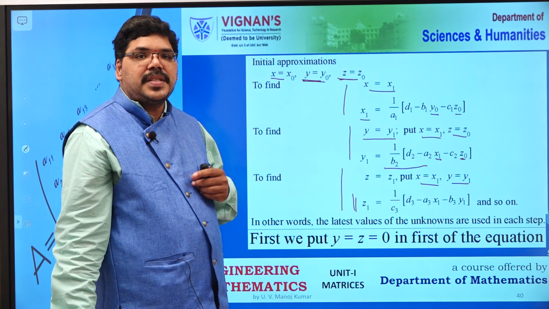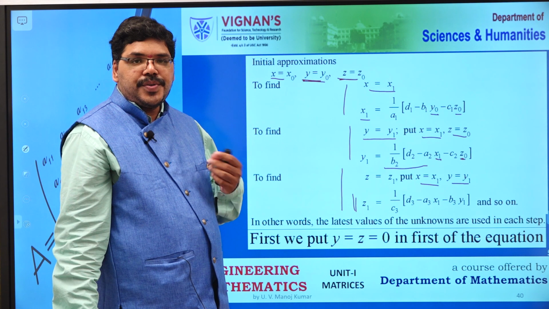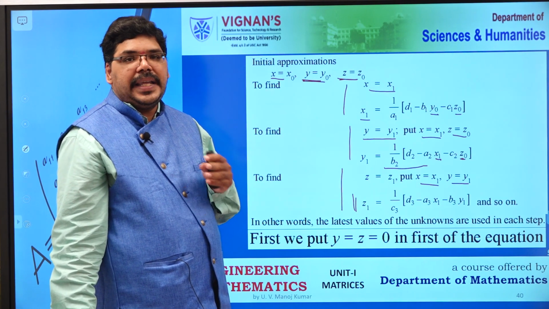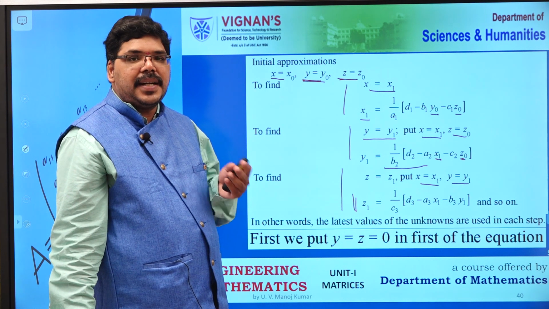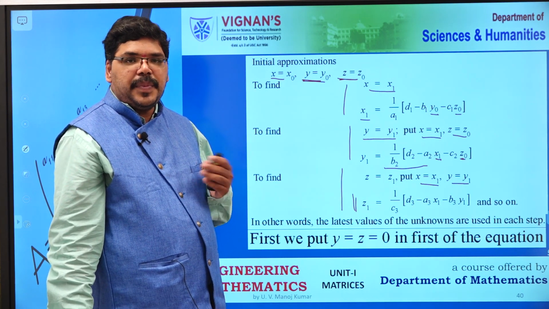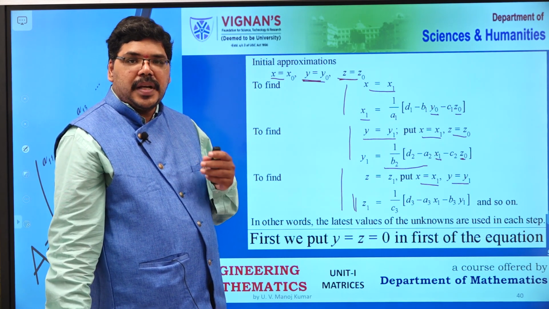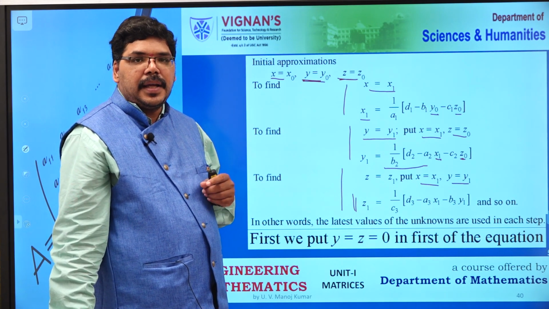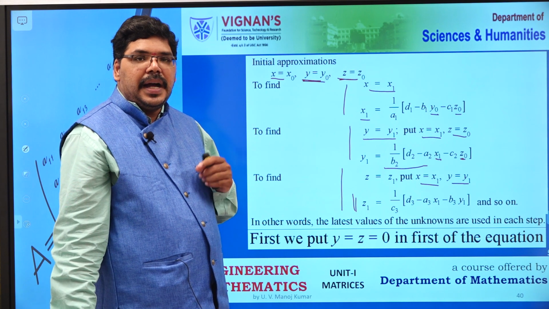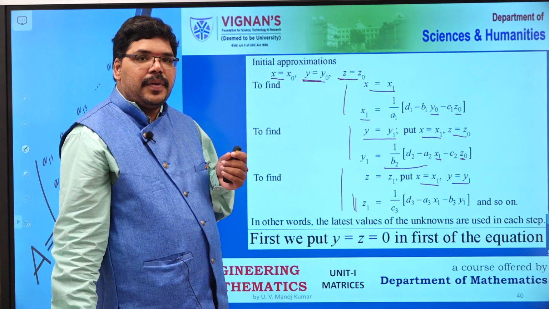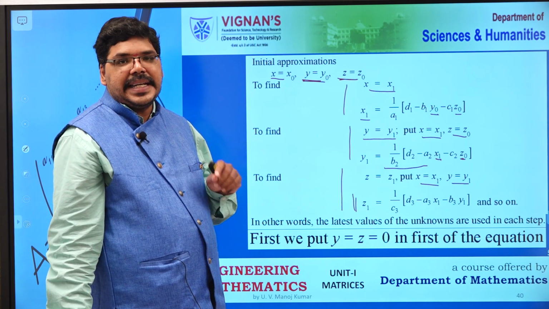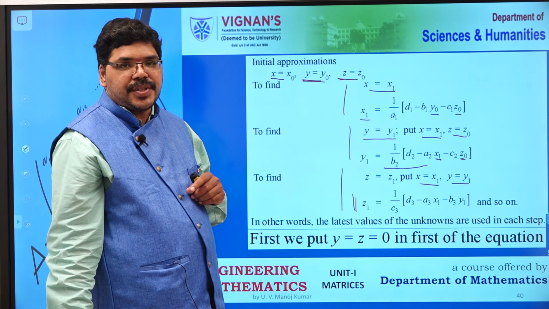The method will converge in the sense that, suppose x10 and x11 are the same, y10 and y11 are the same, z10 and z11 are the same. That means there is no improvement because of iterations. At that time, we say that we reached the solution, and we write those equal values of x10, y10, z10 as the solution for the system.